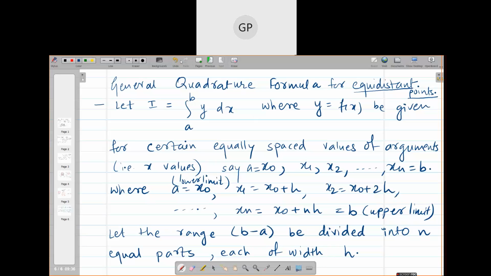Is everyone finished writing? So already we have written what x naught, x1, x2, etc. are. So totally how many points do you have? N plus 1, right? Thus we have x naught, x1, x2 up to xn, arguments. Arguments means x values, right?